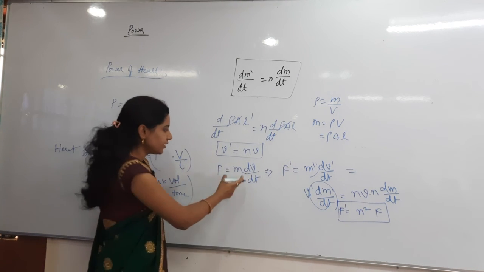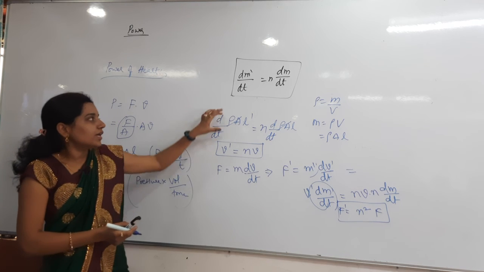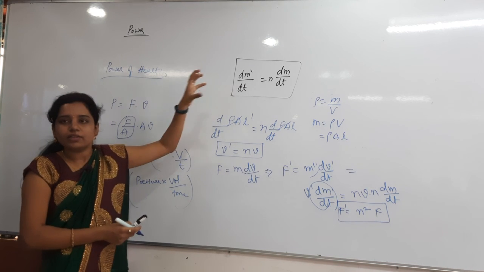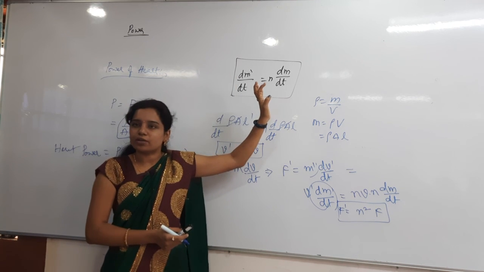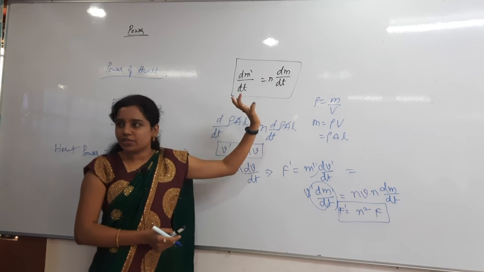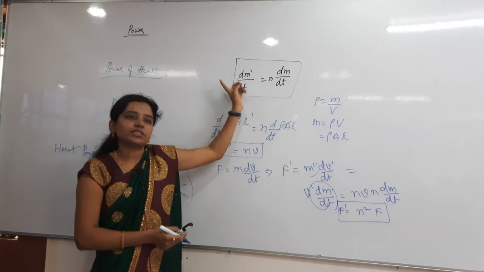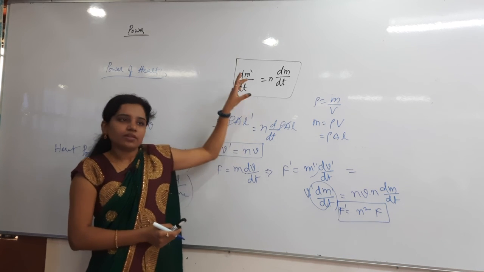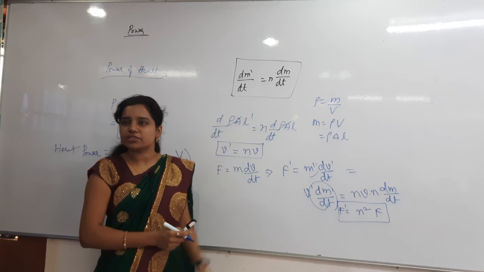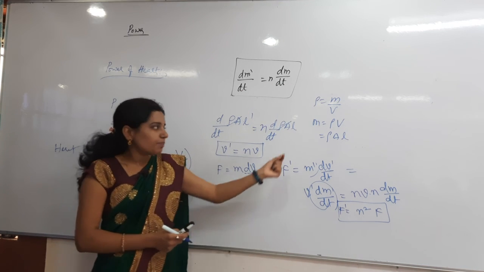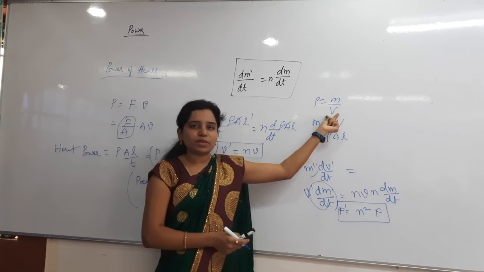Listen again. I have written the formula in reverse here. See, first of all I have taken the rate of water pumping out, nothing but dm by dt, they are talking about. Initially dm by dt it was, finally it is how much? Dm dash by dt. The dm dash by dt is how many times of the initial? N times the initial value. For that, in the place of mass, rho is equal to mass by volume.